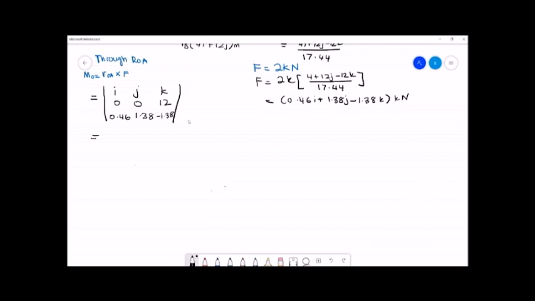So now using the determinant for i, we need to cross out i and i horizontally. So you will write 0 minus 1.38 minus 12 times 1.38, close bracket, write it as i.